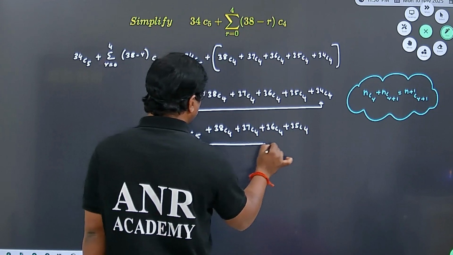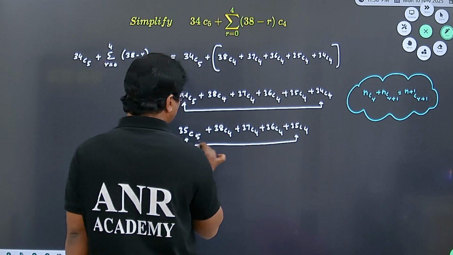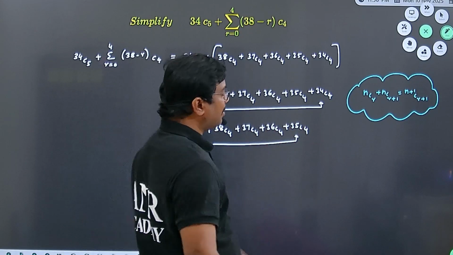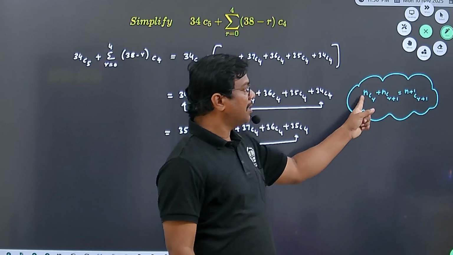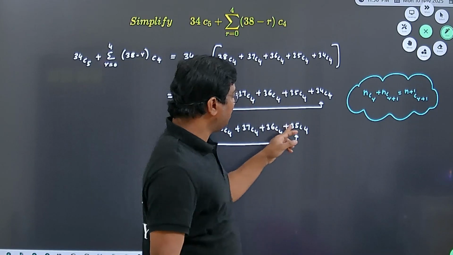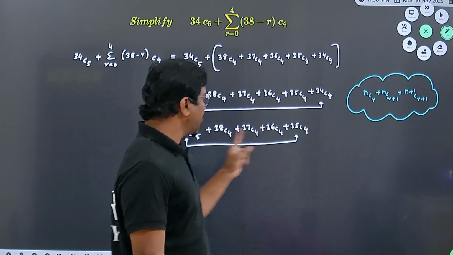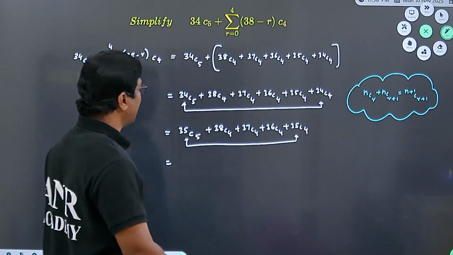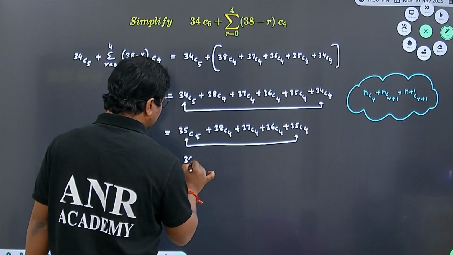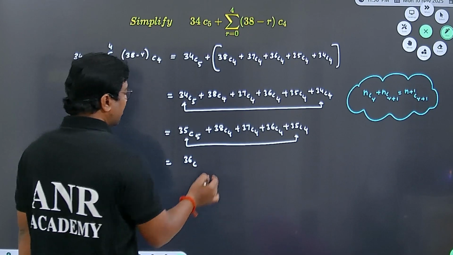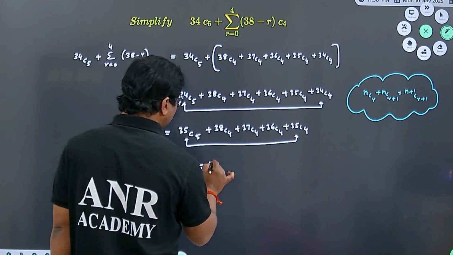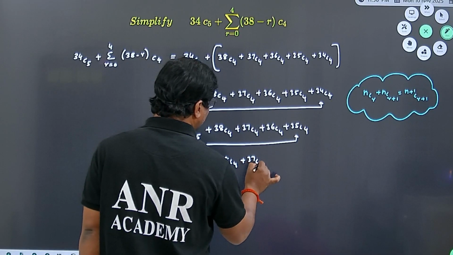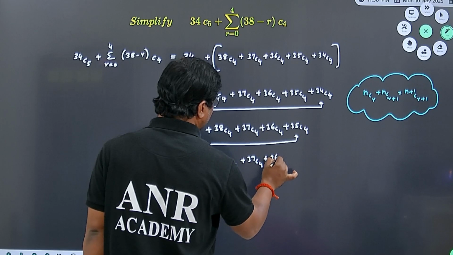Now the sum of these two I am going to write with the help of that formula. 35, when you have index n, 35C5 and 35C4 are both successive binomial coefficients. Then what we get? (n+1)C(r+1). n plus 1 value here is 36, C, r plus 1, that is the greater index 5. Remaining 38C4, 37C4 plus 36C4.